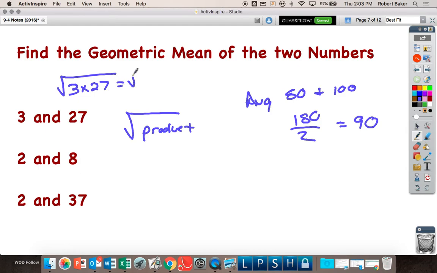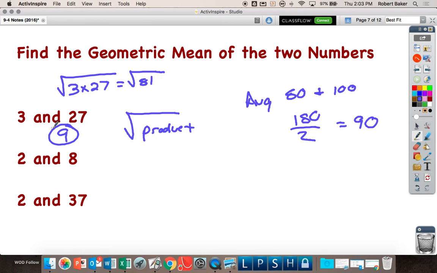So what is the square root of 81? 9. So the geometric mean of 3 and 27 is 9. That number is not halfway in the middle, is it? So you can't really guess it. You have to do the square root of the product.